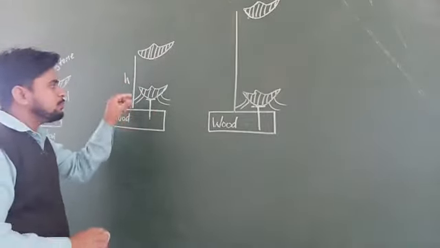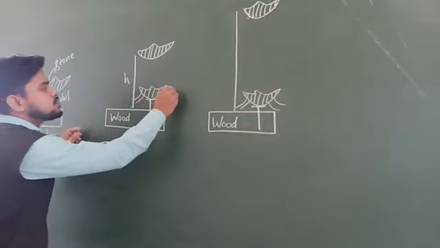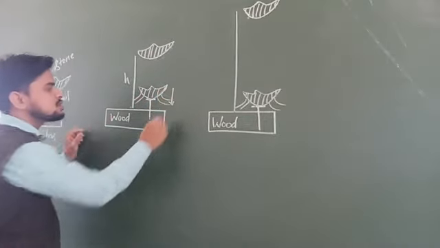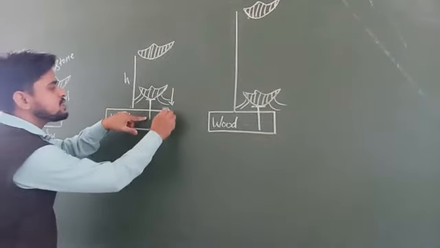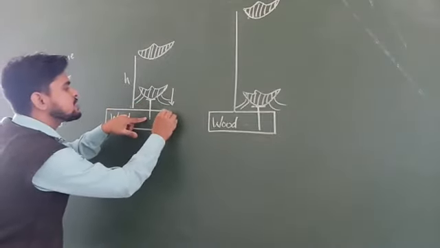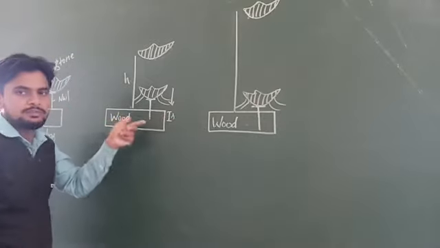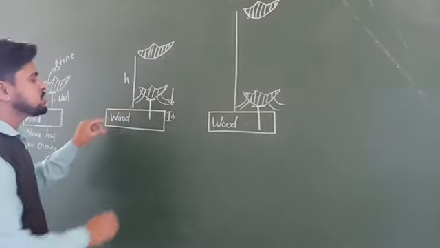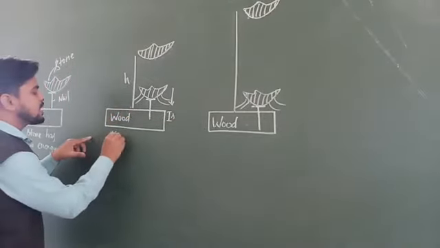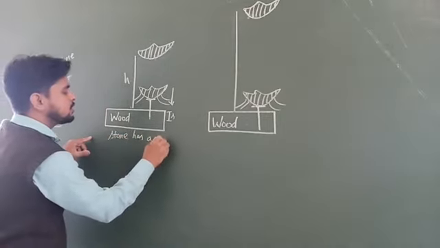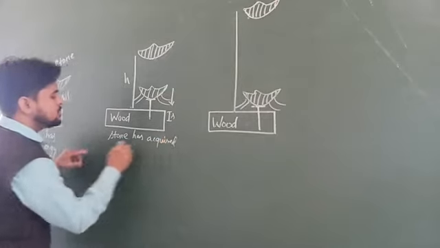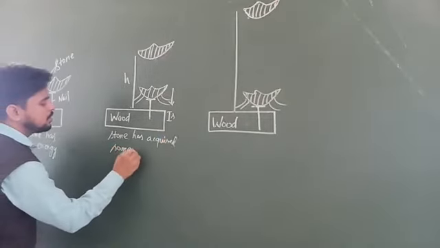Why? Because the stone can apply a certain force on the nail. That's why the nail gets displaced through a certain distance into the wood. So we can say the stone has acquired some energy.